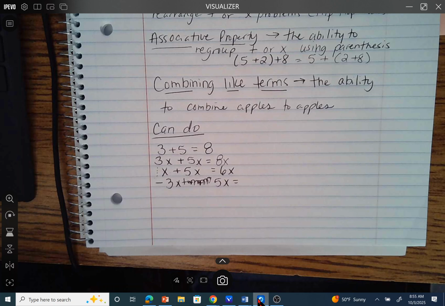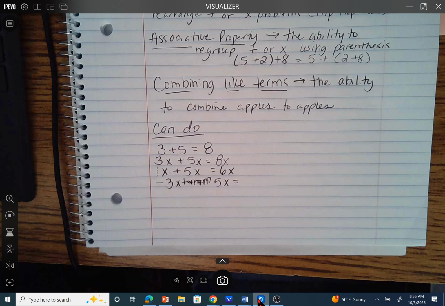The biggest issue I run into with kids with distributive property is they forget to distribute to both people. They only want to distribute to the first number. But what distributive property is, in a nutshell, is the ability to multiply the outside number by all, that's the key word, the inside numbers.